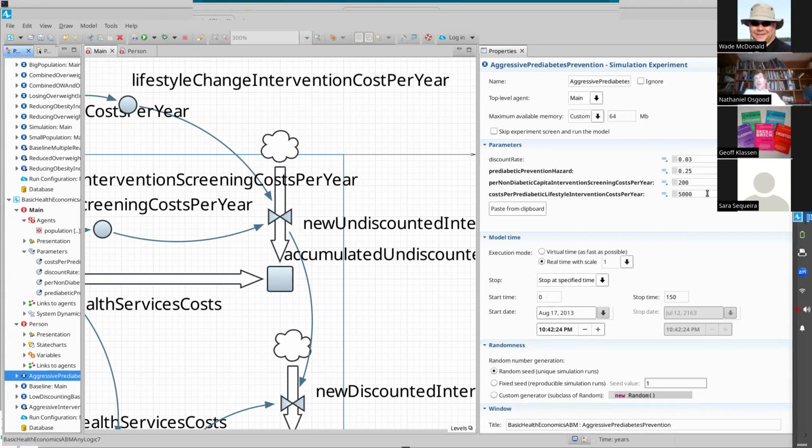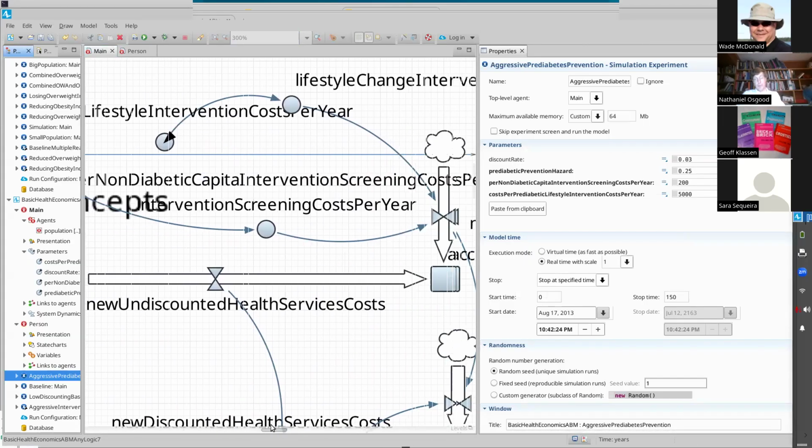So maybe it's $5,000 for that intervention per year to maintain them in this system, in a walking group, which is one of those interventions found years back by the CDC to be evidence-based, to show statistically significant impacts on health.